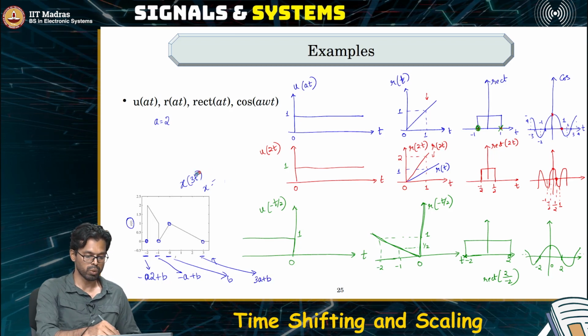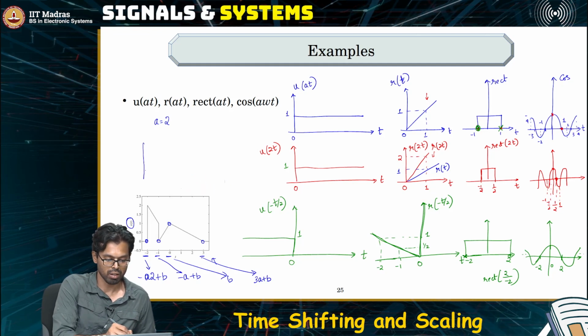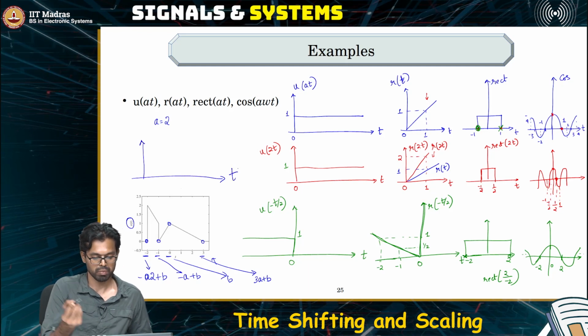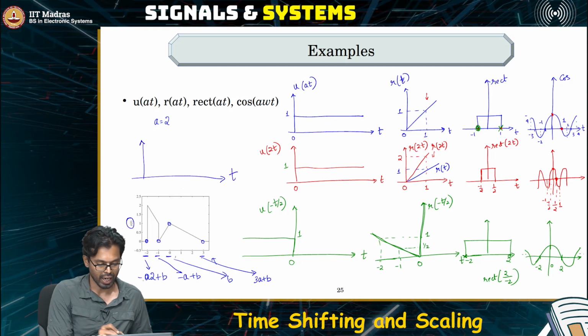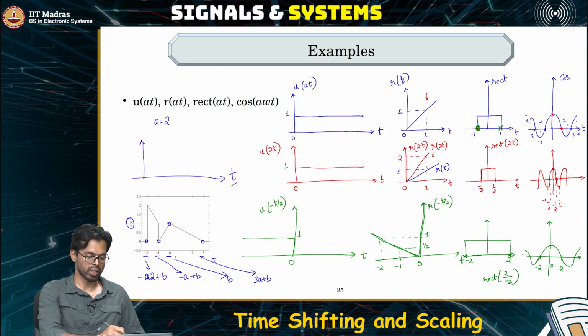Now you can compute the new signal just by drawing the time axis. So at t equal to minus 2a plus b, you can draw this line.